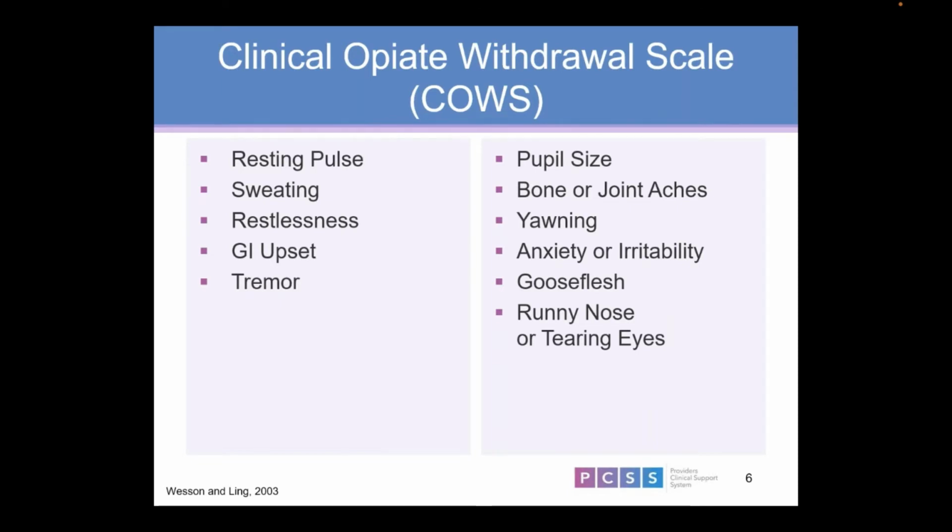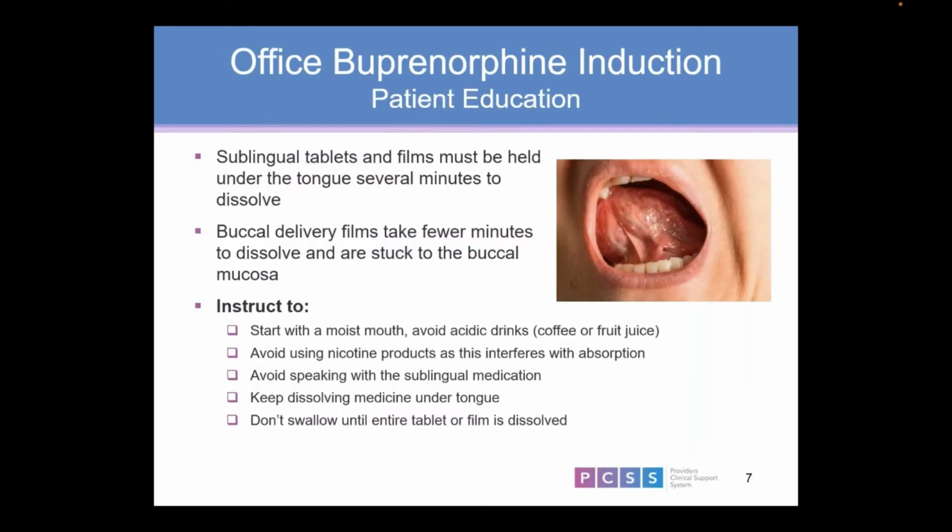So this is, again, somewhat subjective. Goose flesh is something that you can pick up frequently, and runny nose or watery eyes is a little later in withdrawal, and so not typically seen at the state that they need to be in.